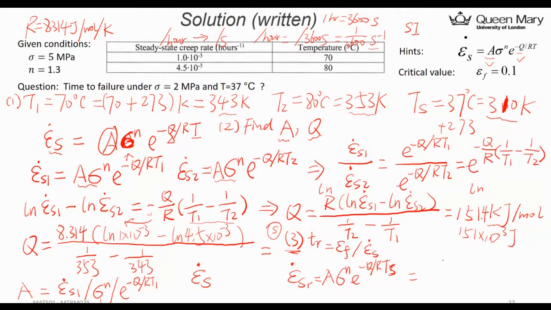Let me find the value. So A here, A is 2.23 times 10 to 11. Okay, and epsilon SR will give you the value 1.066 times 10 to the minus 6.